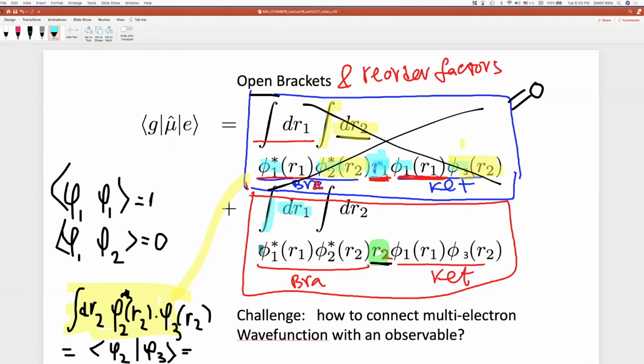Phi 1 star R1. Okay. Depending on R1, phi 1 R1. And then it is equal to 1 because of orthogonality.